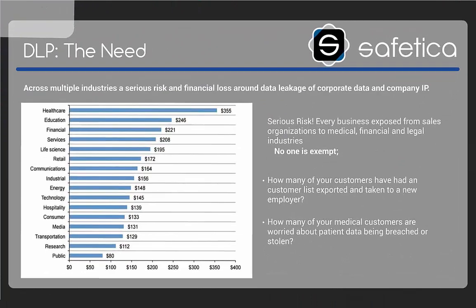And when we look at this next slide, more specifically, the chart on the left-hand side, the numbers that we see next to each one of these industries is the amount of money that they lose per record that's leaked. And this applies to the small to medium-sized market more than ever. When we look at the very top of this list, with healthcare, for example, they're losing $355 for every record that leaks.